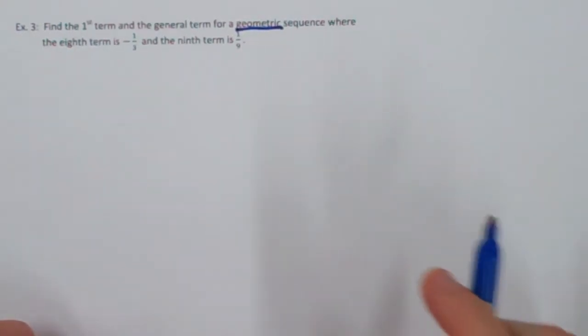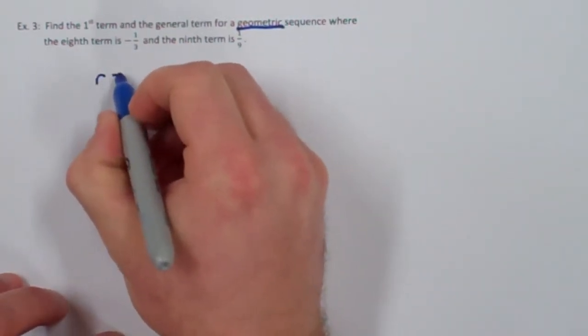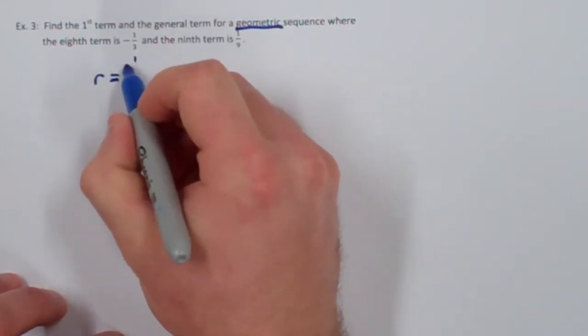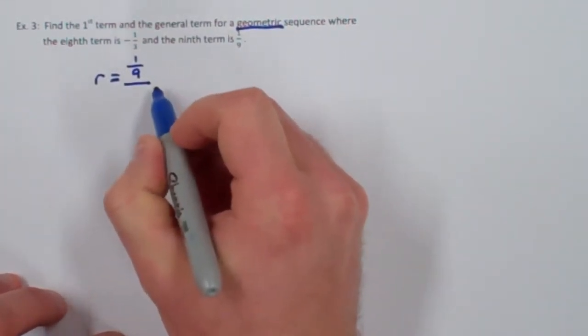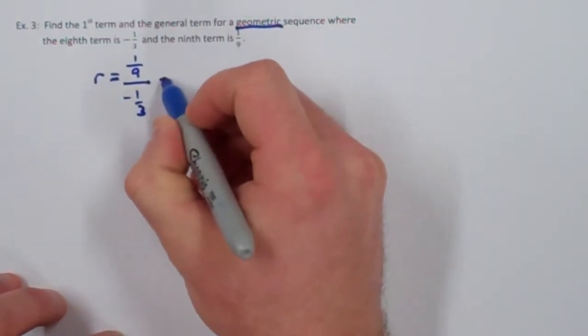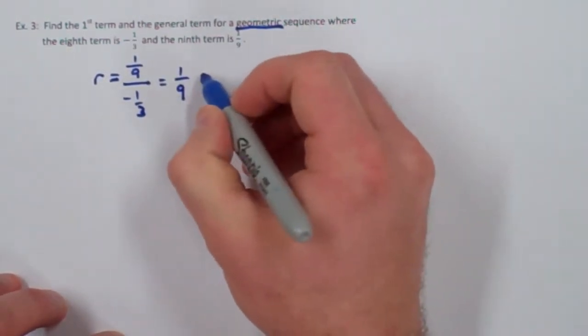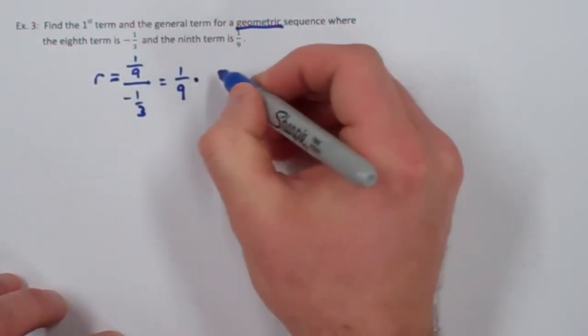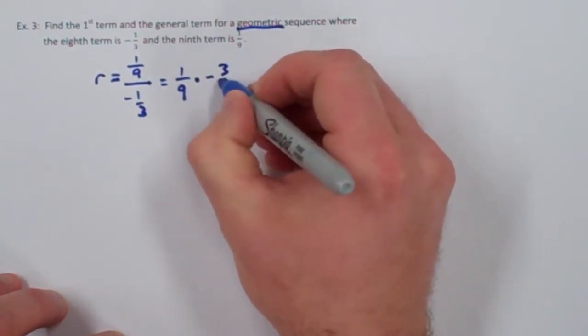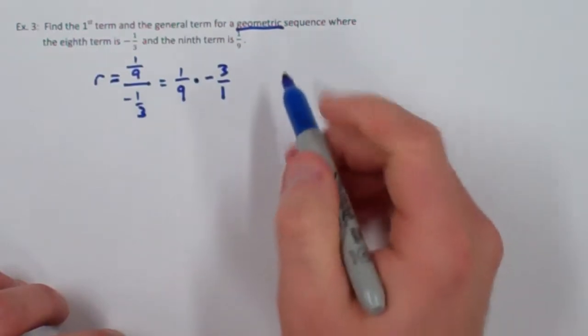One of the first things I like to do, especially if we're given 2 consecutive terms, is to find r. To find r, we need to take 1/9 and divide it by the previous term, which is negative 1/3. Complex fraction rules: remember that we keep the fraction on the top and multiply it by the reciprocal of the one in the denominator.